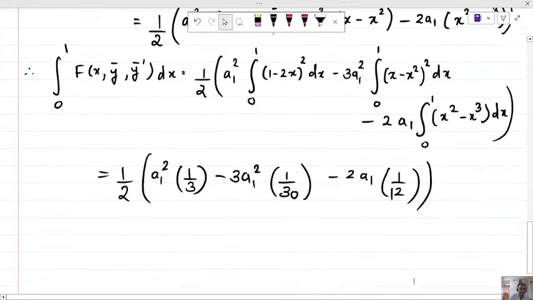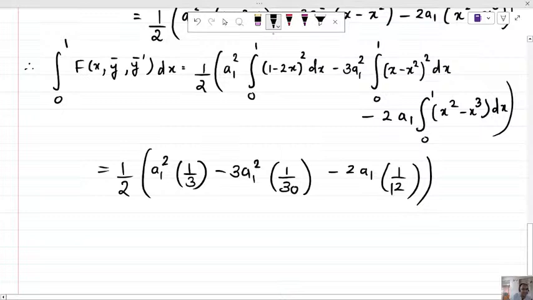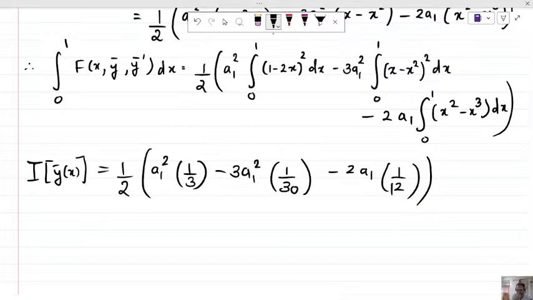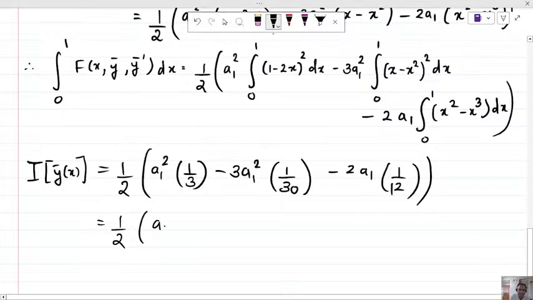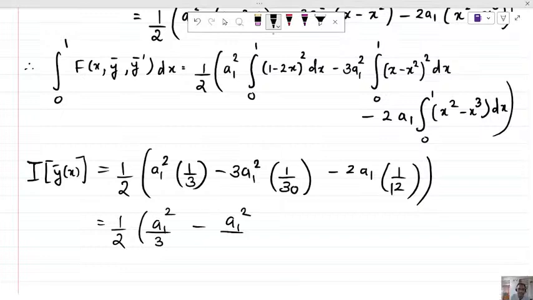This is our left hand side, which is nothing but I of y bar of x. Now this has been converted into terms of a1. First we simplify this. It is basically a1 square over 3 minus a1 square over 30 and minus a1 over 6.